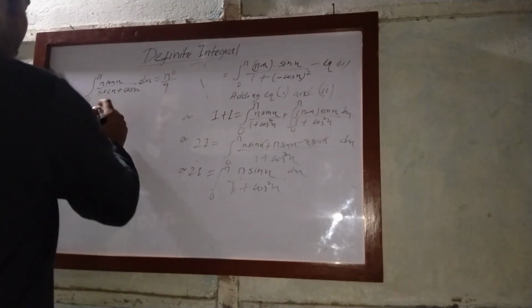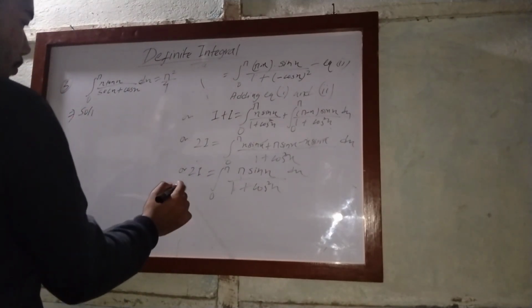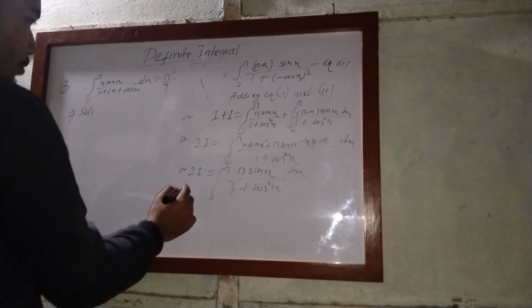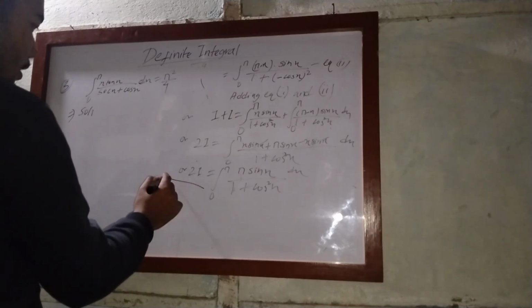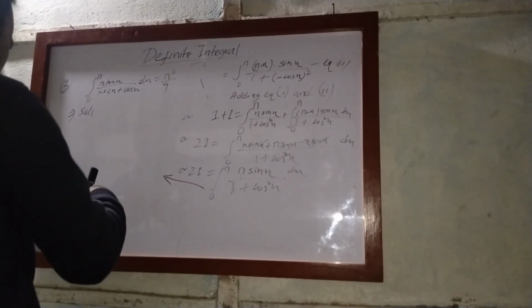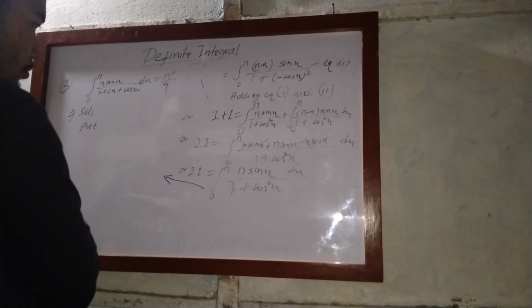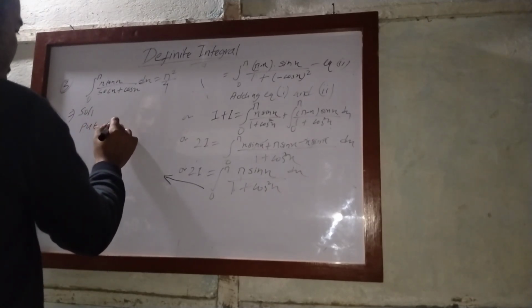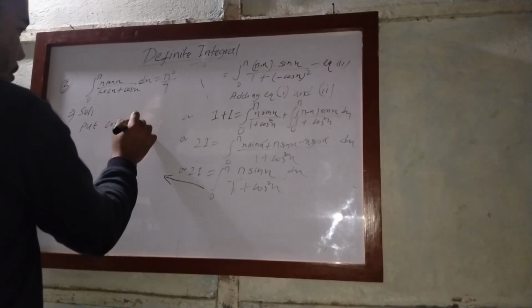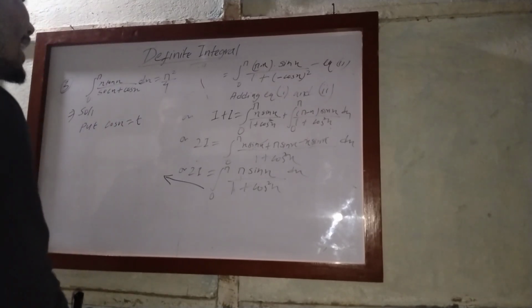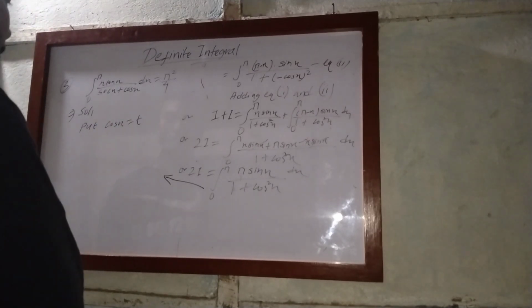Now from this, we'll put cos x is equal to t.